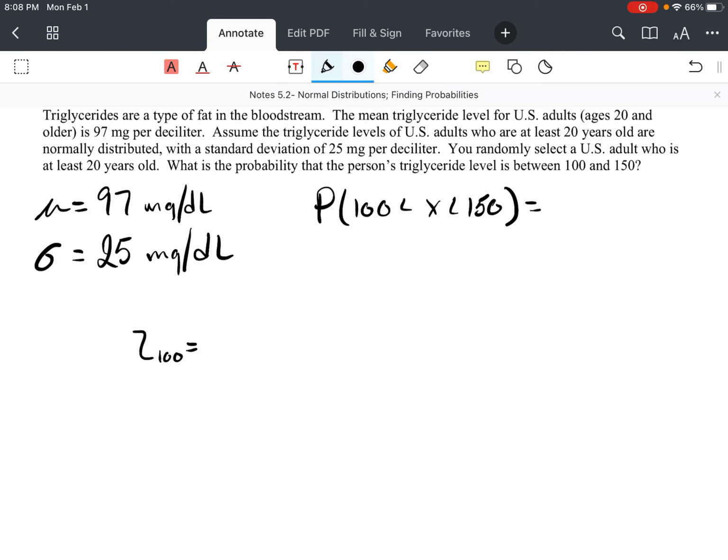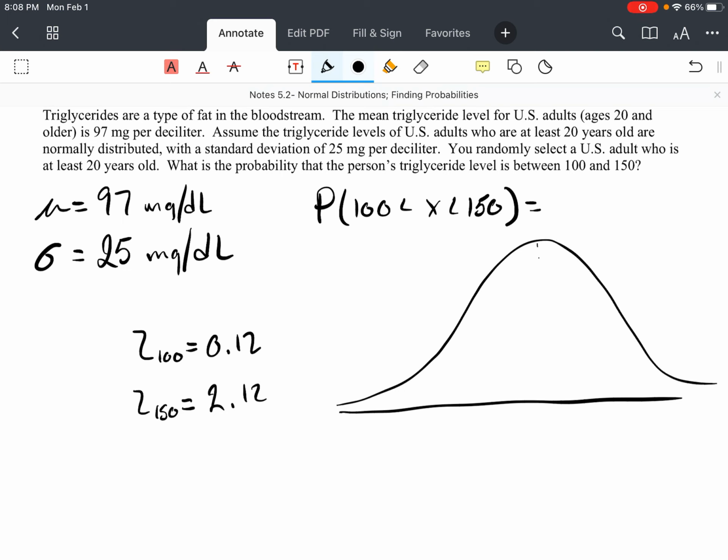We're going to calculate z of 100. I'm going to leave this part to you guys, but you should end up with about 0.12. And then when we do the z-score for 150, we get about 2.12.